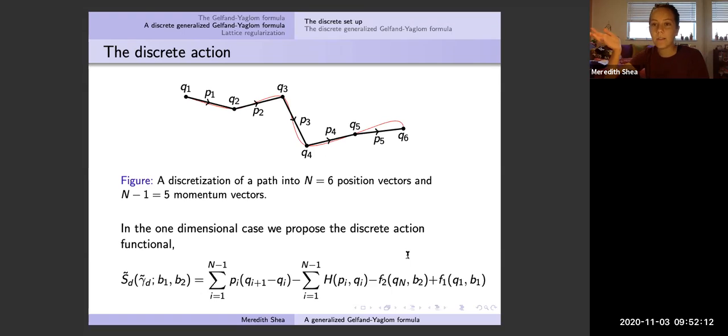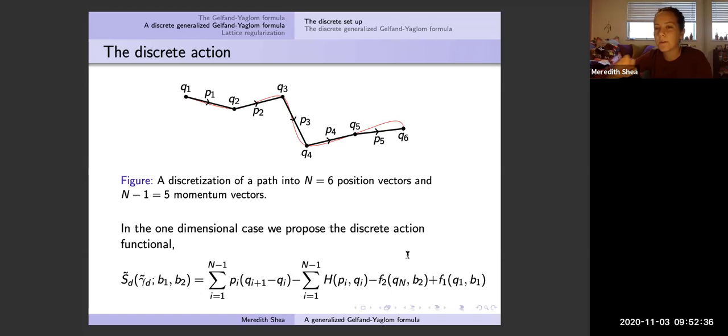And it looks a lot like our generalized action functional, but the integrals have now become Riemann sums. We're not being careful about epsilon here. We've really set epsilon equal to 1. And eventually when we consider the continuum limit, we'll reintroduce it. But for now, it's just disappeared.